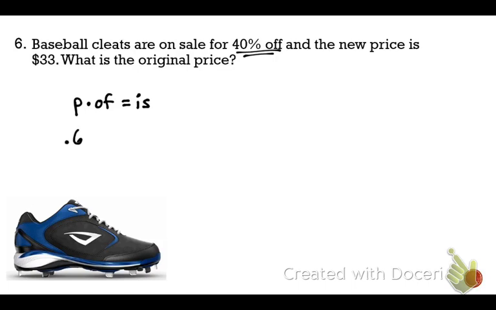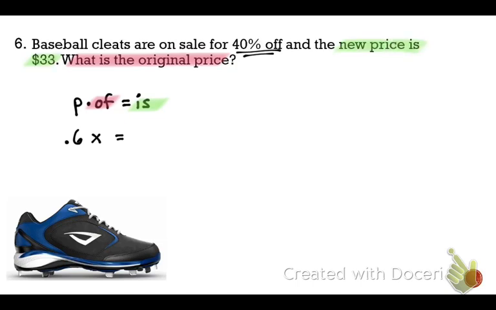0.6. Now remember, our of stands for the original price. Do we know how much these cleats were originally? No. Look right here. It says, what is the original price? If we don't know it, what should I put there? An X. Equals is. My is here stands for the new price.